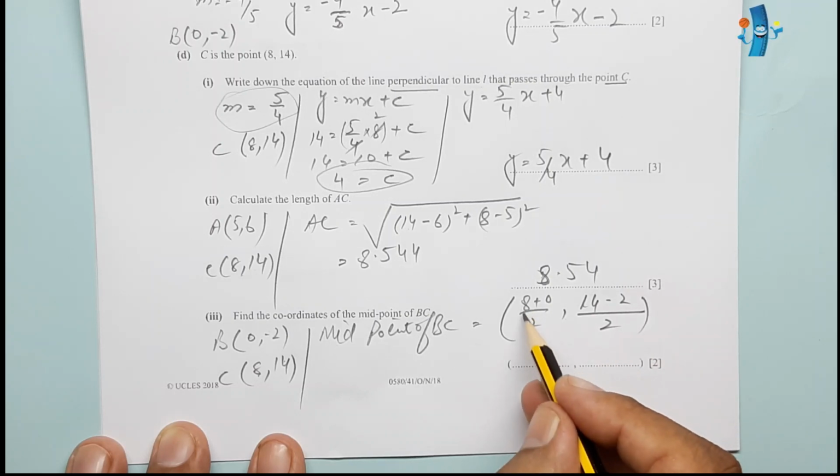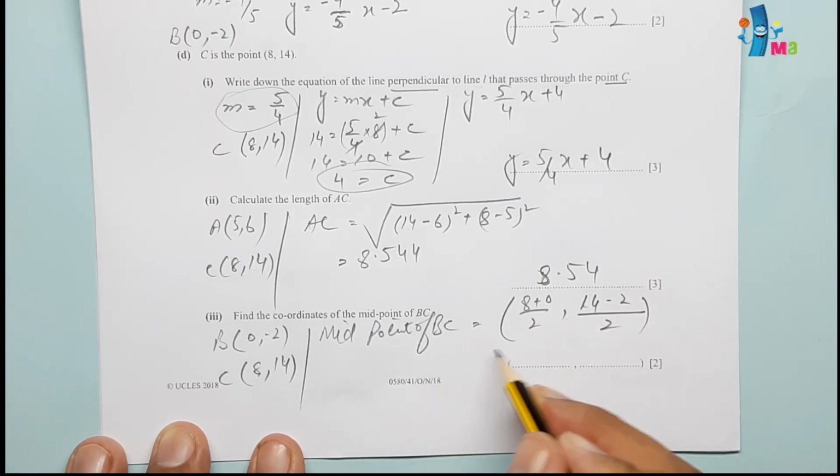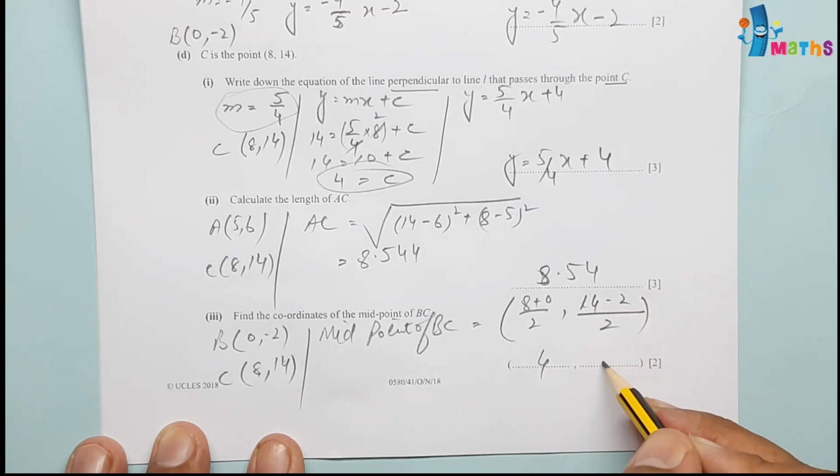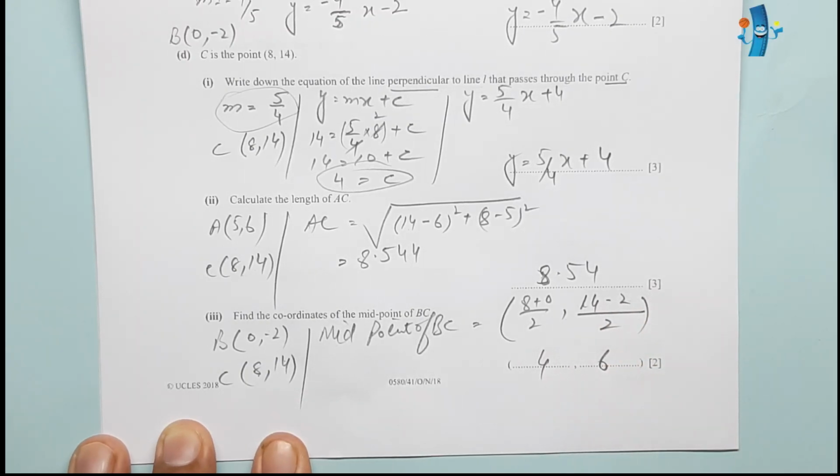So this will be 8 by 2, which is 4, and this will be 12 by 2, which is 6. So 4 and 6 will be our answer.